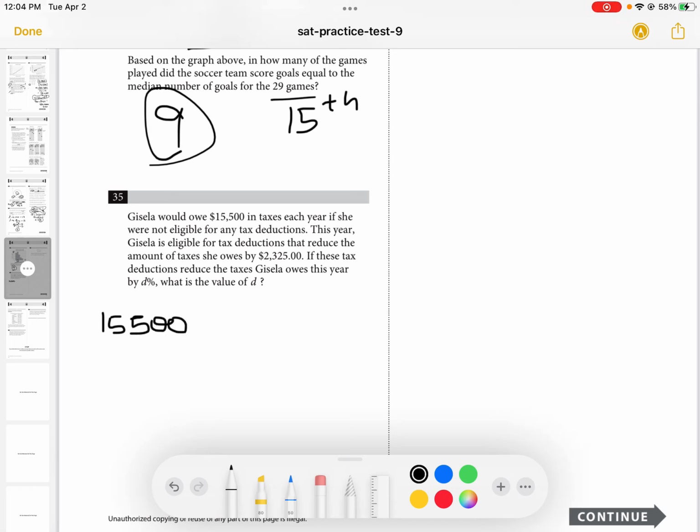Okay, so 15,500 minus 2,325 is equal to some percent of 15,500.